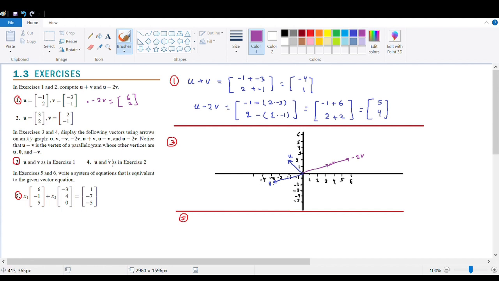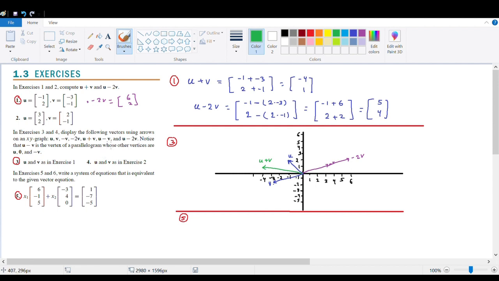Then we have the vector u plus v. We said in exercise number 1 that u plus v is minus 4 and 1. So minus 4 here, 1 here, so this one is u plus v. Then we have u minus v.